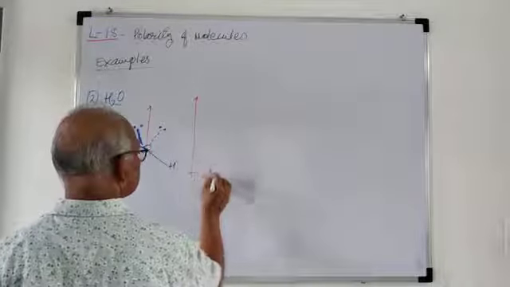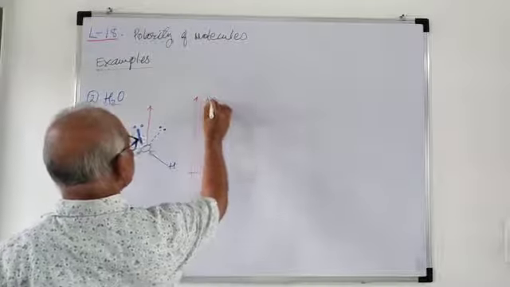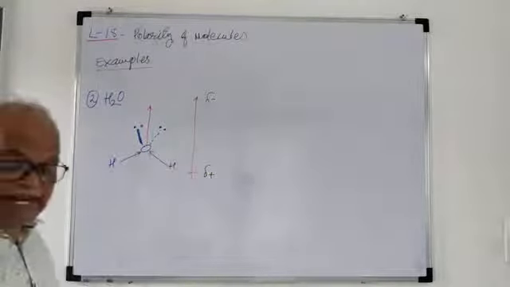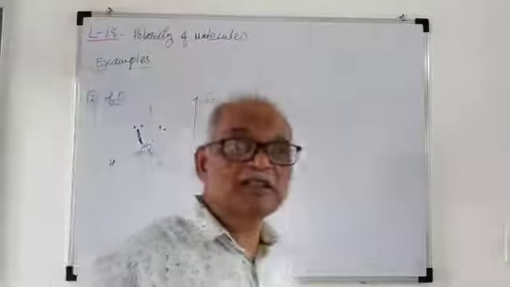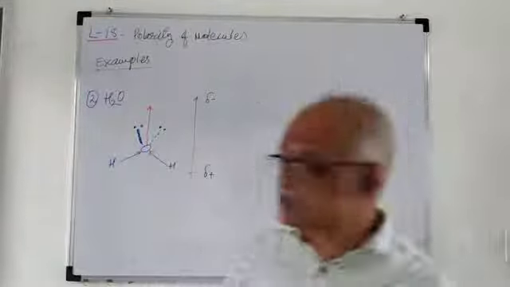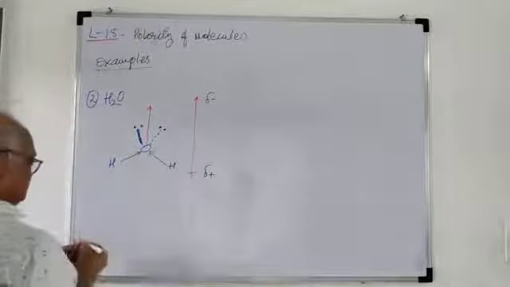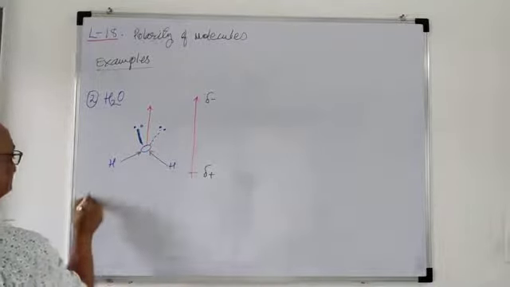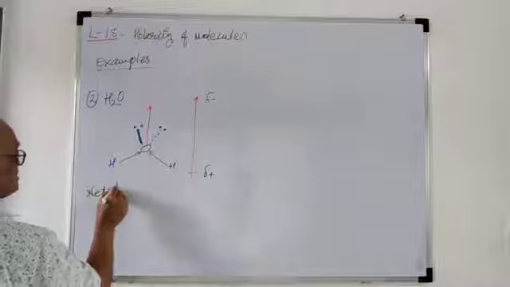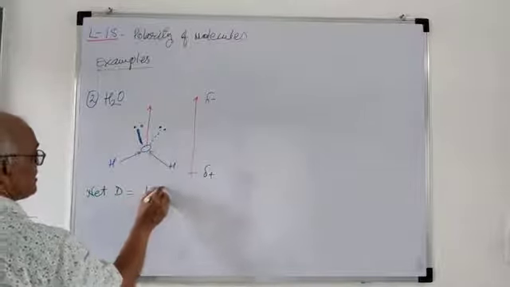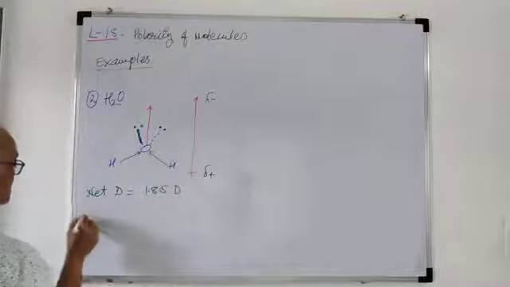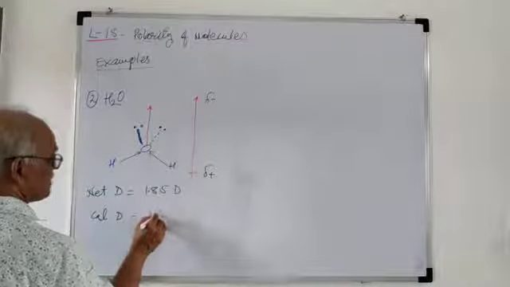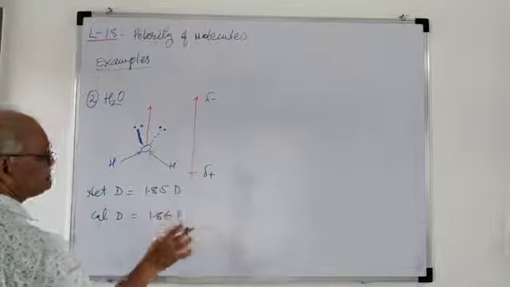So it has delta positive terminal, this has delta negative terminal. So you will find that here the net dipole is 1.85 D, whereas calculated dipole is 1.86 D.